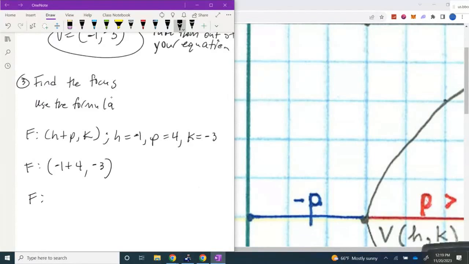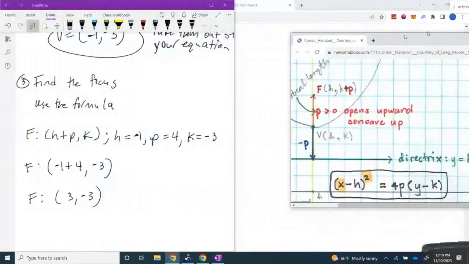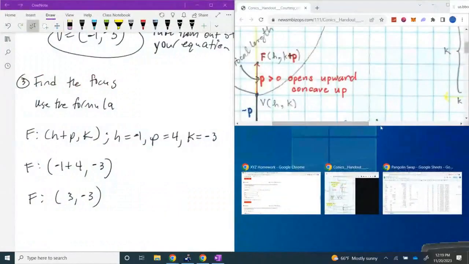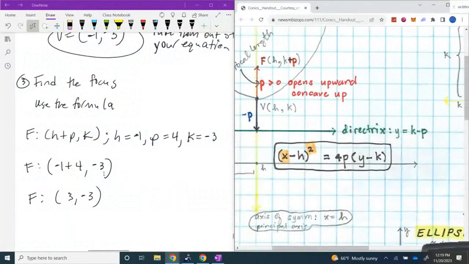So our focus should have the coordinates 3, comma, -3.